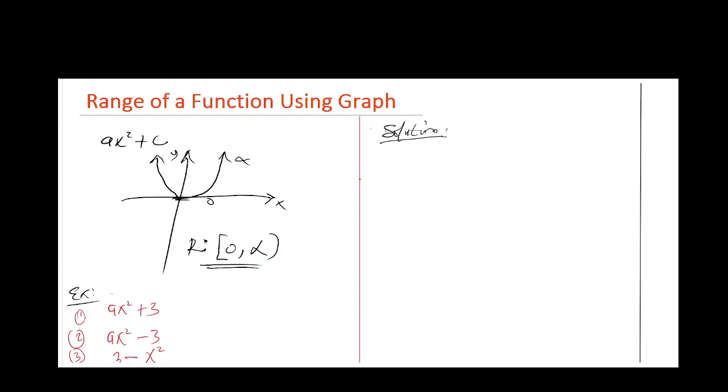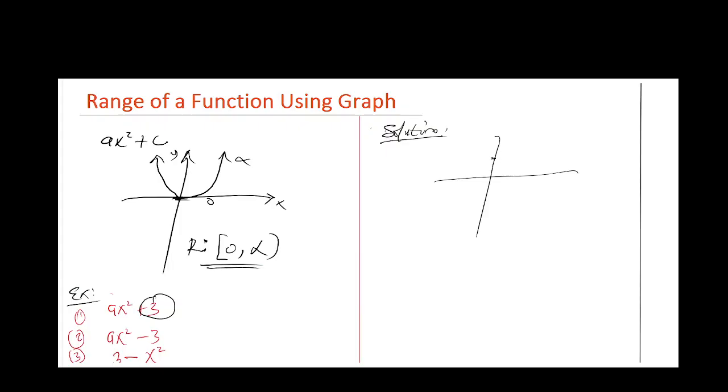Let's have the first one where we have ax squared plus 3. If we sketch the graph of this function, we have that our c, which is our y-intercept, is positive 3. So if we take positive 3, it moves 3 units upward on the y-axis.